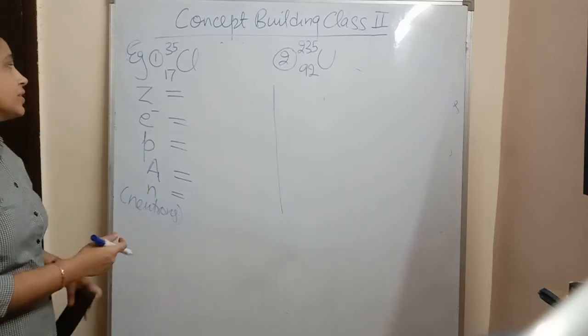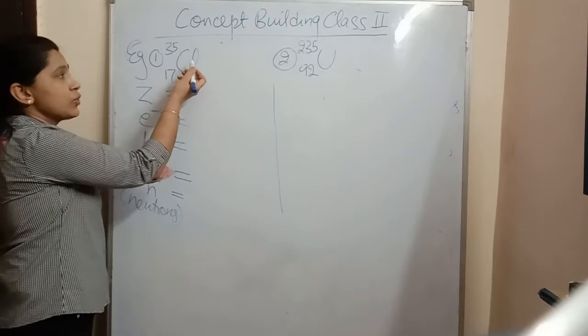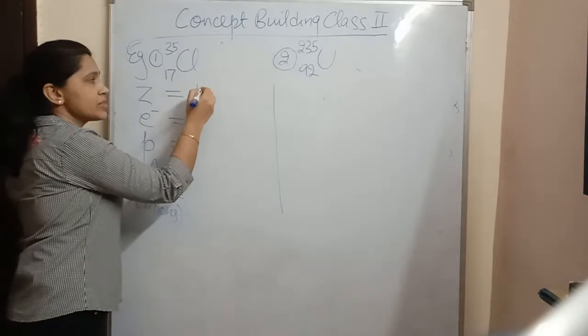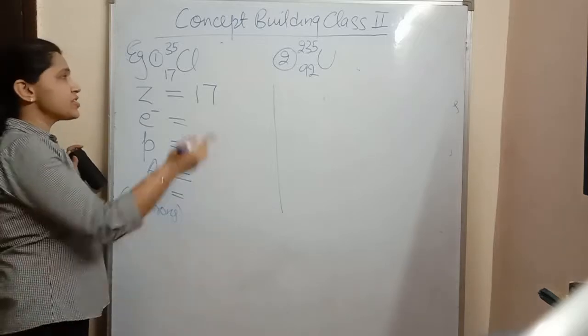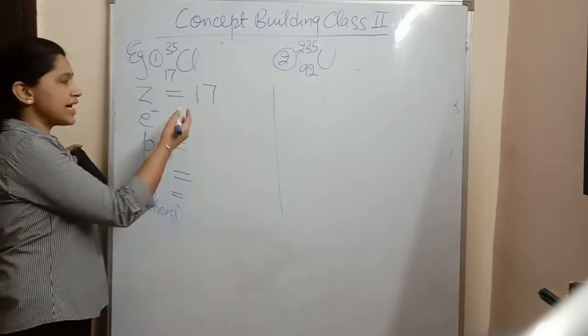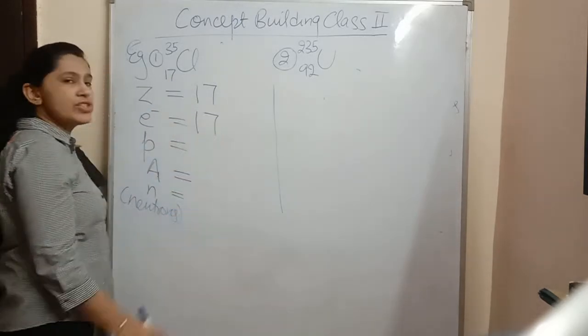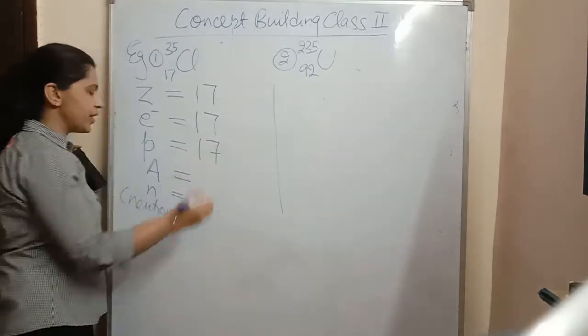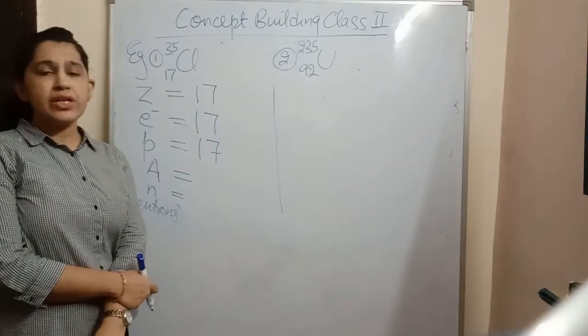Yes, very correct. As we are starting, Cl, chlorine is the symbol of the element. Z, atomic number, how much? 17. As it is the neutral atom, electrons are also 17 and protons again 17, right? A, mass number.